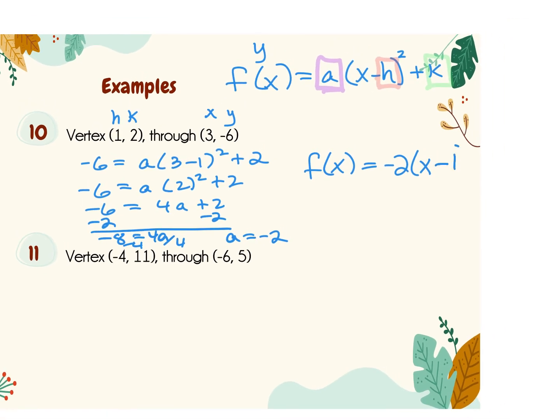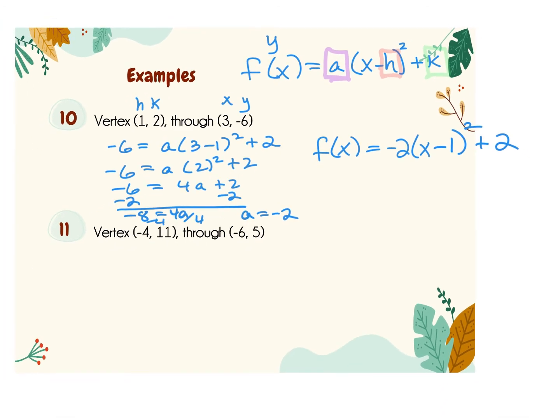It's -1. And then my k is +2. And this is squared. So you're going to solve for a. And then once you get a, go back and all you're filling in is the a, the h, and the k. Let's try the next one.